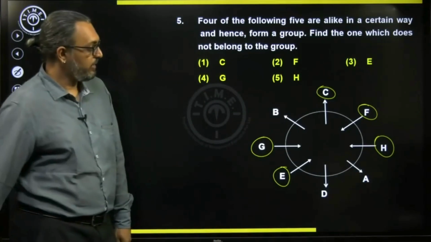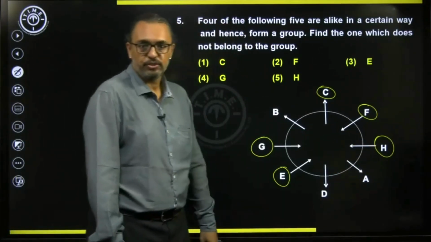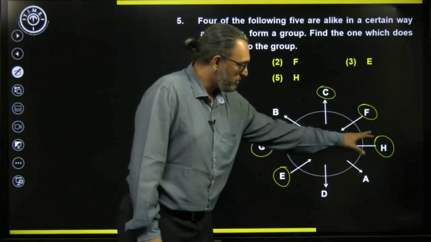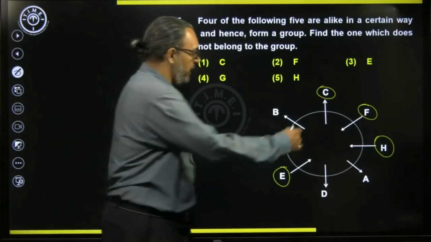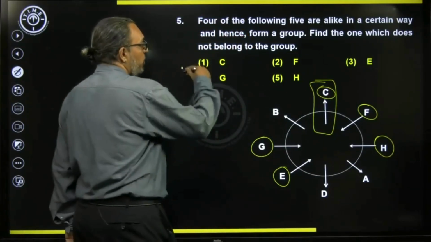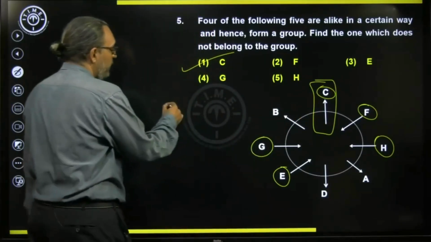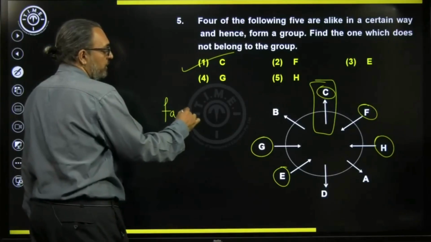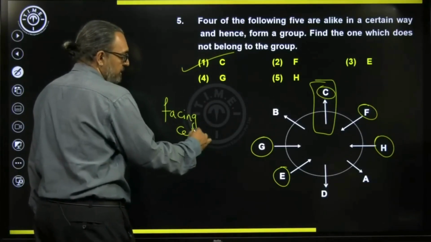Now what do you see here? When you look at G, E, F, H, the directions, they are facing the center, whereas C is the only person among the options who is not facing the center. So the repeated pattern or the common logic we have is facing center.